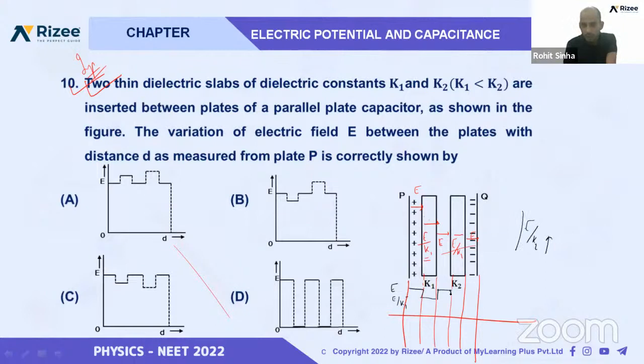That means here it will decrease more like this, and again it will become E. Now you can match your answer, and I think your answer C was correct. Okay, good. Now let's move further.